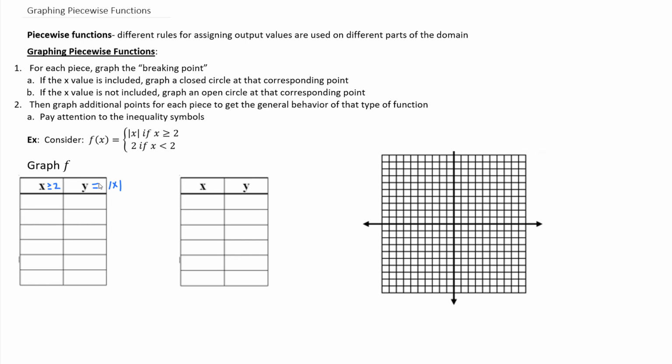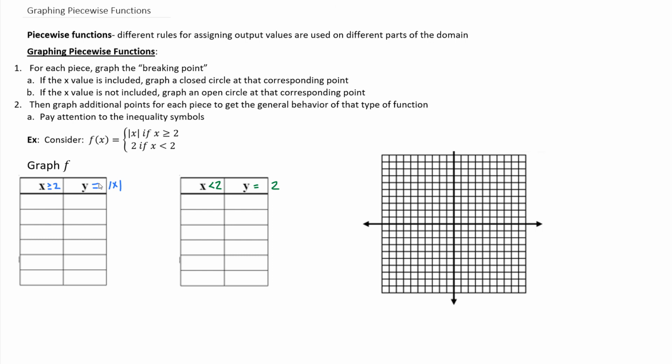And then for my second piece, which I'll use a different color, my f of x is 2. So it's the constant 2. And that's when x is less than 2. So that's the requirement. So you can see that the breaking point of where these pieces break up is at the x value of 2.